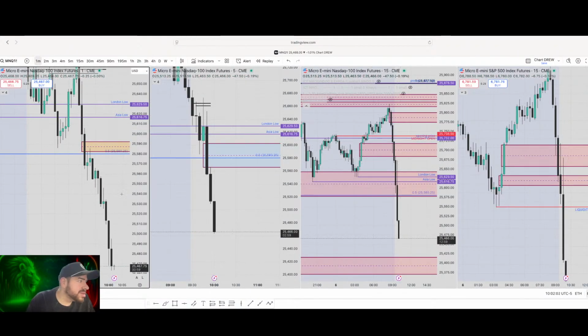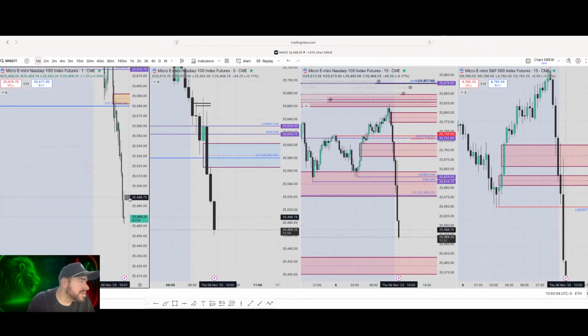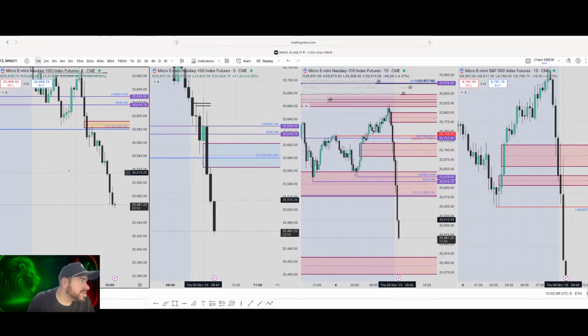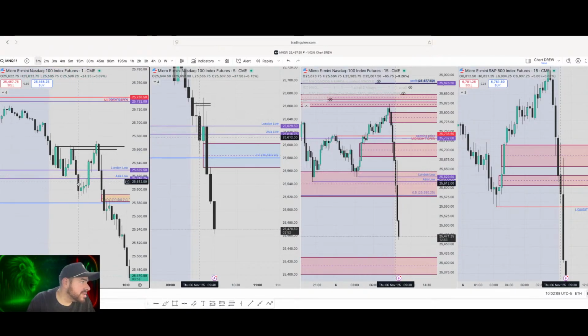But no gap or anything. But that's the only trade, and that's what you're looking for. If it's going down, down, down, and you get in here and it retraces, it stops you out.